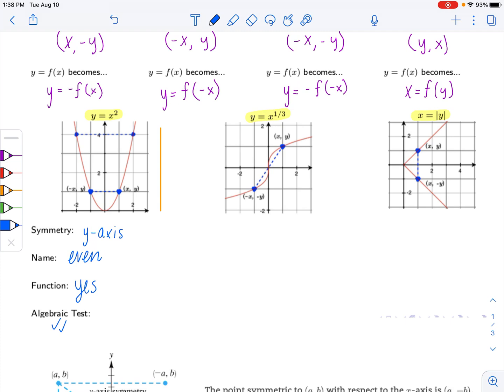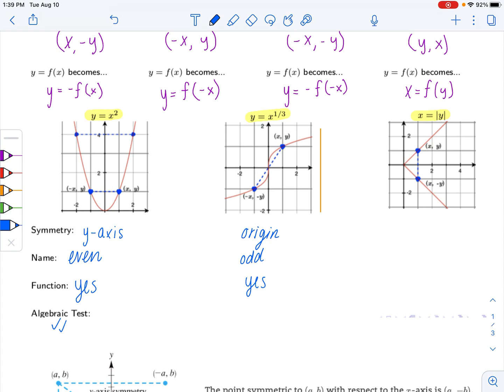This is with the origin. So if I were to sandwich it on the origin, it would match up exactly. We're going to call that odd. Check if it's a function. Let's take our line here and go through. Do I hit two values at once? No, I don't. So yes, it's a function.